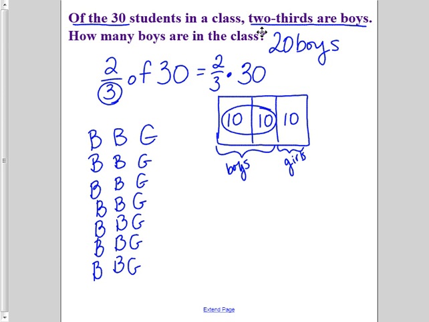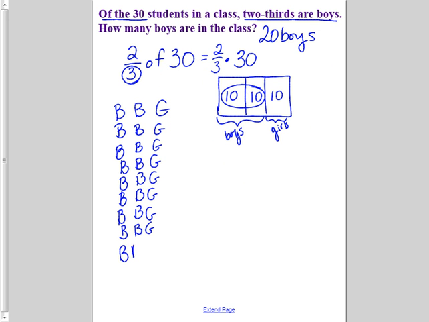So far we have 3, 6, 9, 12, 15, 18, 21, so we need 9 more students. And once we get that done, we have 3, 6, 9, 12, 15, 18, 21, 24, 27, 30 students.